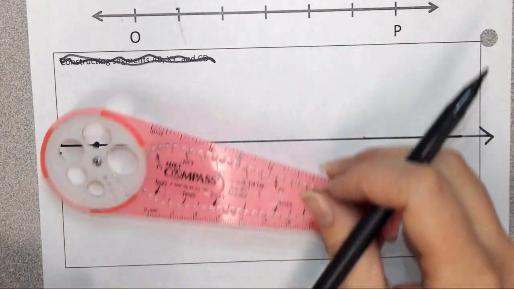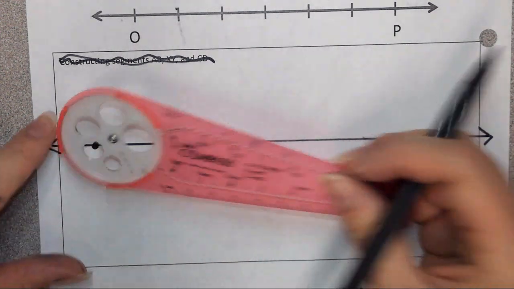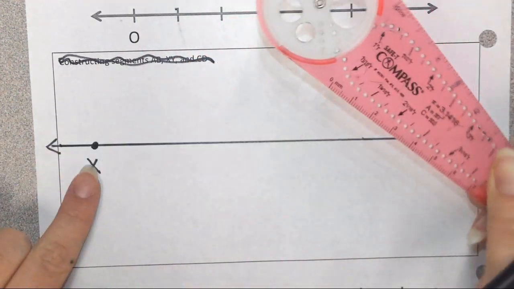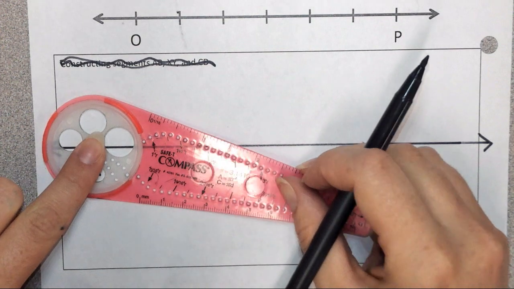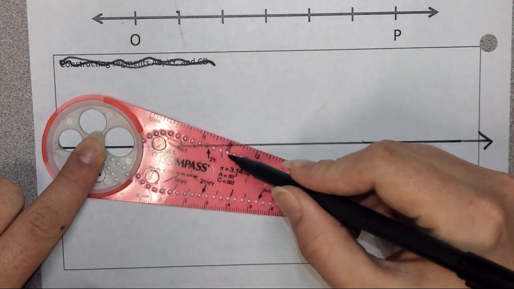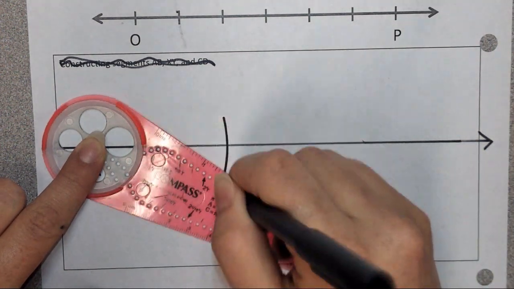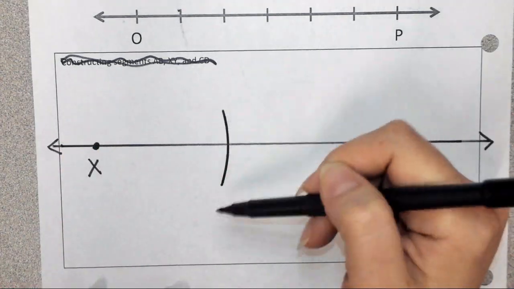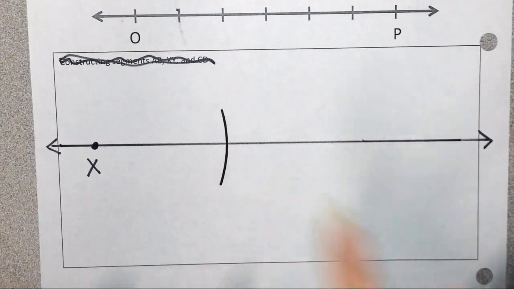Okay. So then I can come down here to my empty space. I'm going to take my bracket and place it on top of point X. And that same dot that I used before, I'm going to use again, just to make a little arc that'll intersect this line.